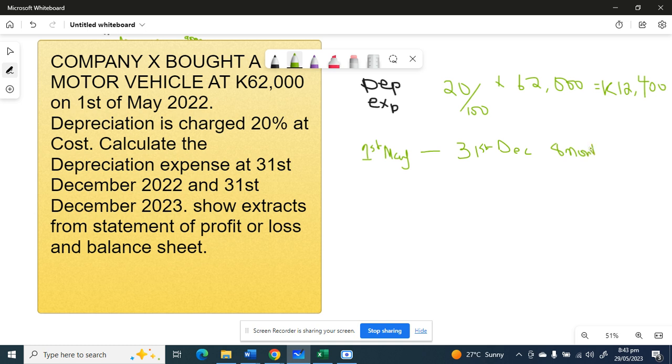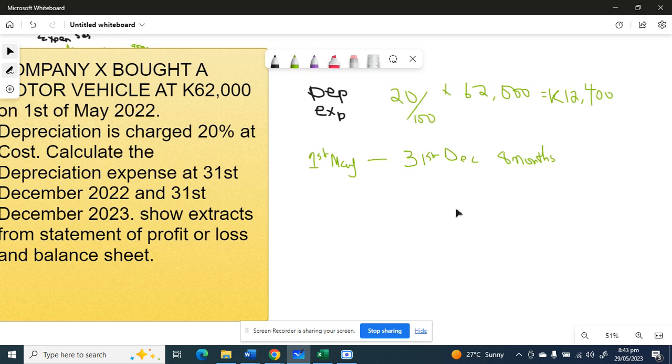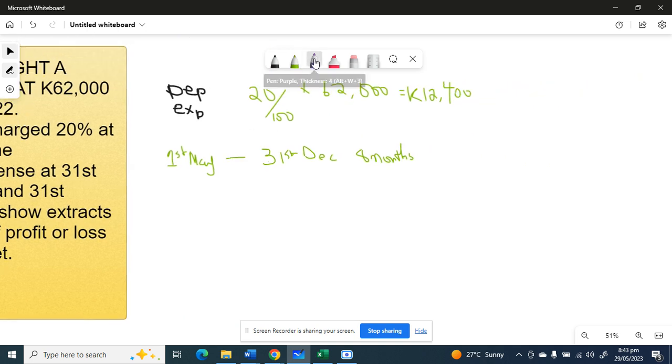So since we already have the yearly charge for the depreciation, let's calculate the monthly charge. This is the yearly 12,400, and for the monthly charge, we just divide 12,400 by 12 because there are 12 months in a year.